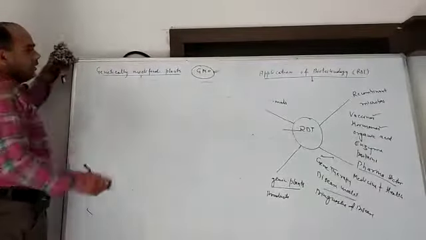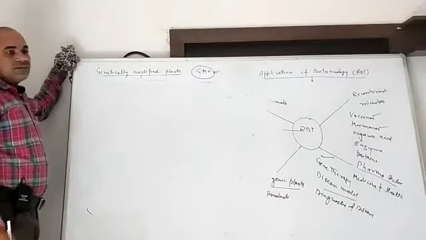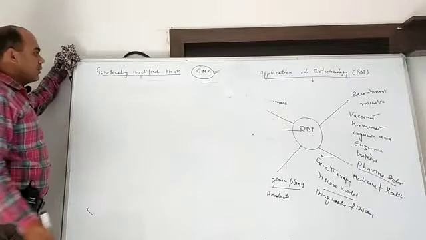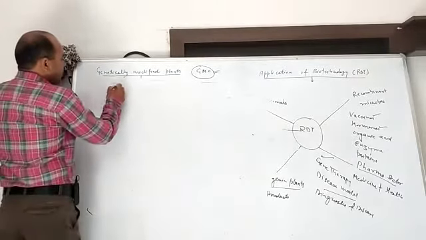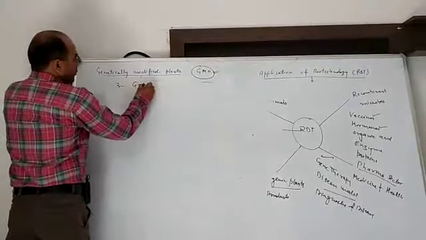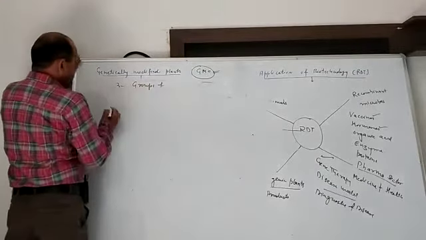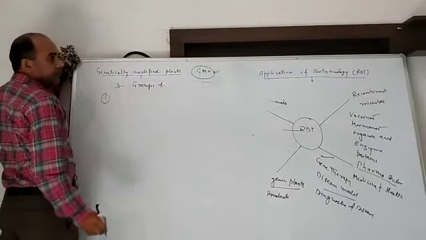This kind of gene can show defense against a particular group of insects. There are so many groups of insects, and out of so many, 3 groups are given. Number 1, Lepidopteran.